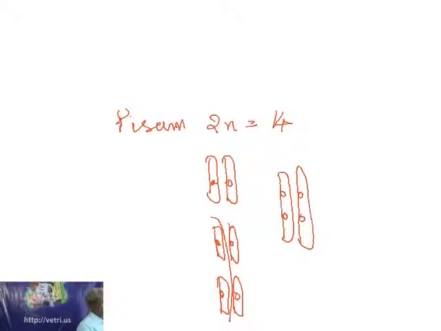Only when the 2 characters are present in the 2 genes in the 2 homologs, then you get independent assortment. These 2 go into one pole, these 2 go into one pole, and these go into one pole. Independent assortment. Whereas here, if both the characters that he chose were present in the same homolog, he would not have got this 9:3:3:1 ratio. He would never have got it.